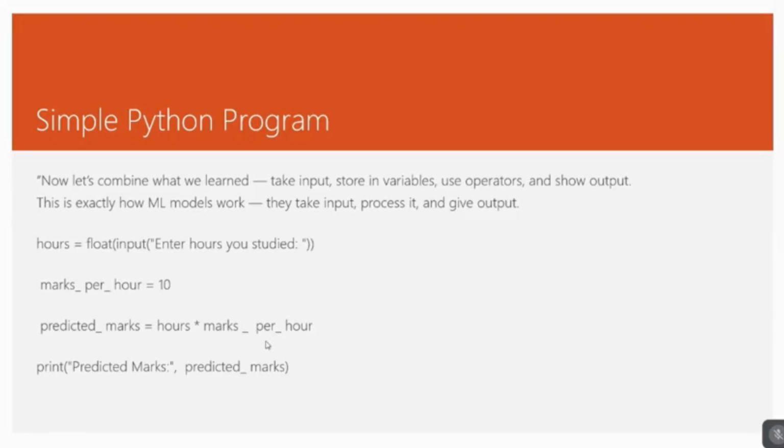If you're studying 5 hours per day, it multiplies your hours with 5. If you're studying 6 hours, it multiplies 6 into your hours. And according to that, it gives output.